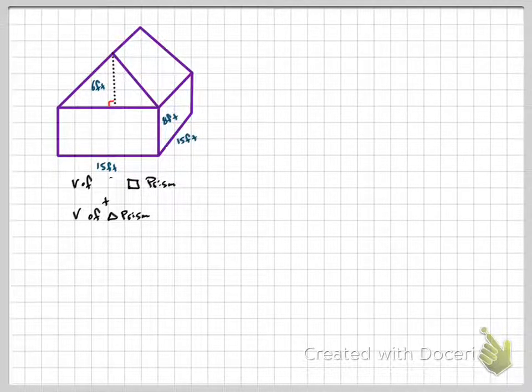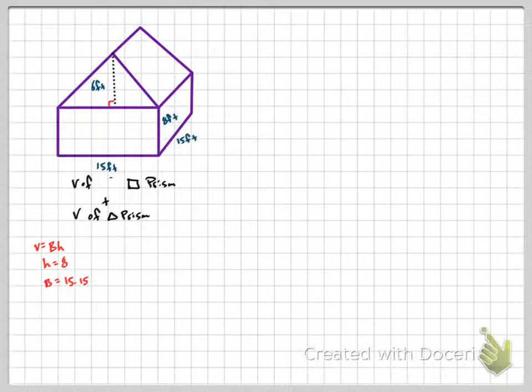So let's start with the simple base. We know that volume of a prism is just area of the base times the height. So our height of our prism is 8 feet. So h equals 8. And our base area is 15 times 15.